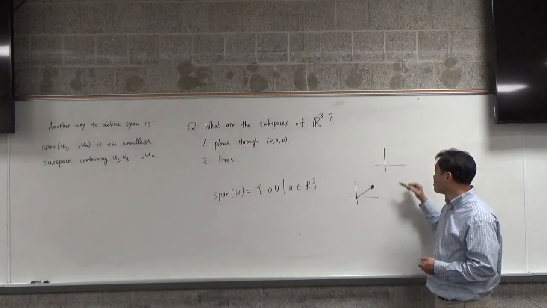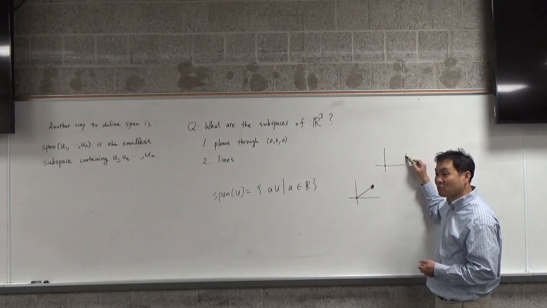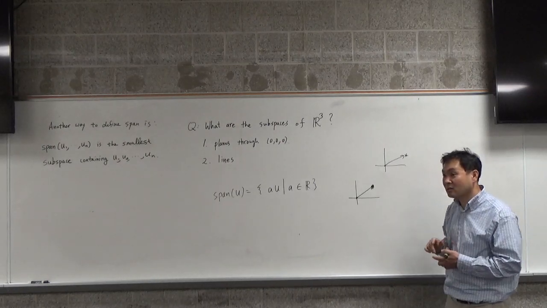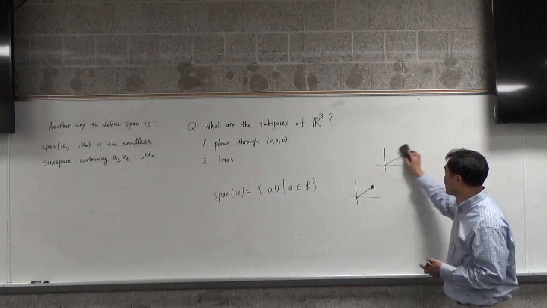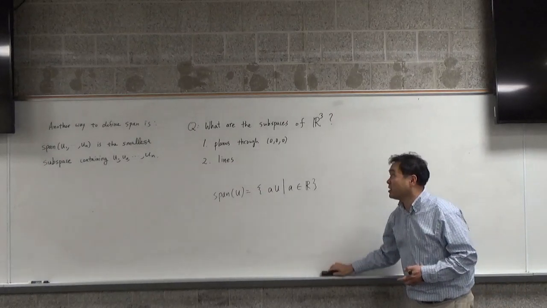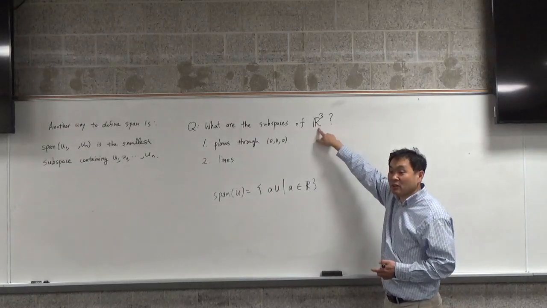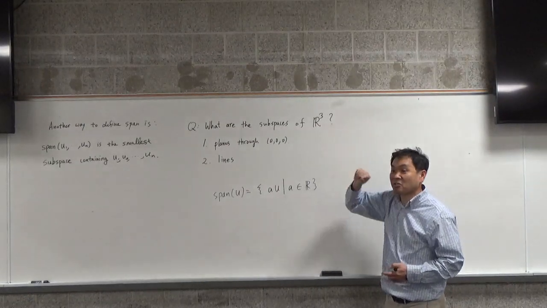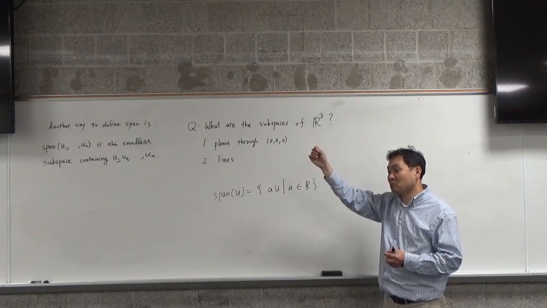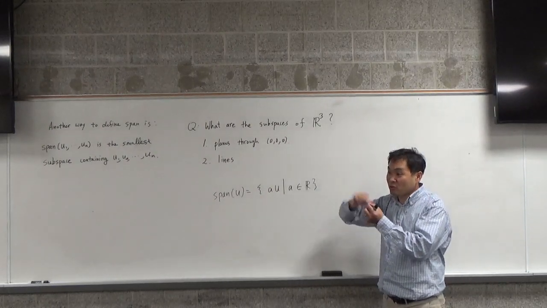So the only thing I have to give you is the terminal point. If I know the terminal point, I know the vector. So when I say R3 is a vector space, elements in here are just points in space, but they're vectors too, because any point in space you connect to the origin and you get a vector.